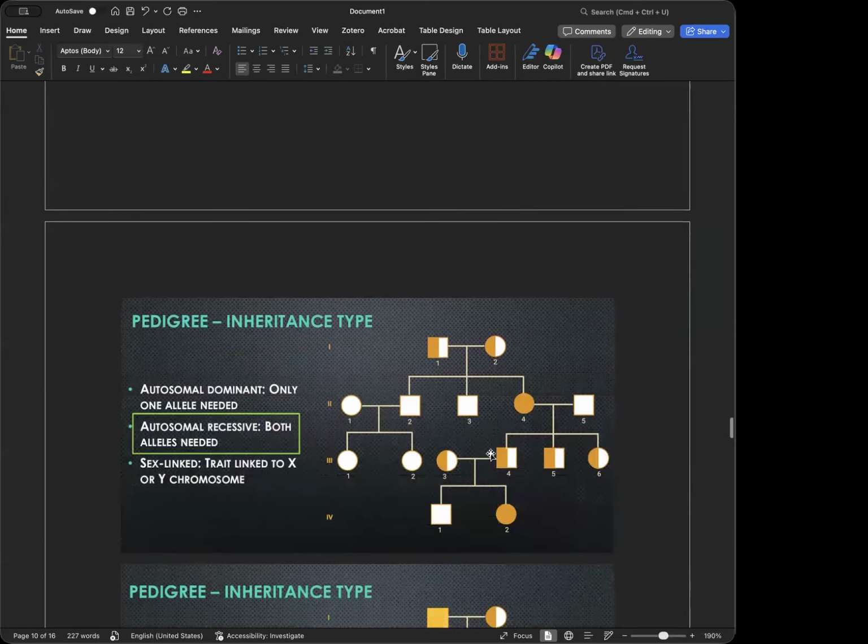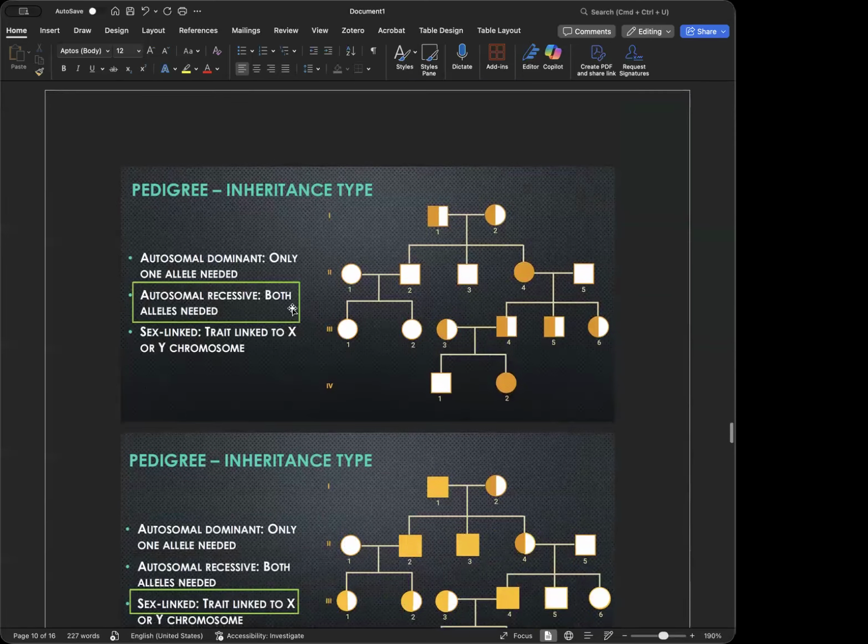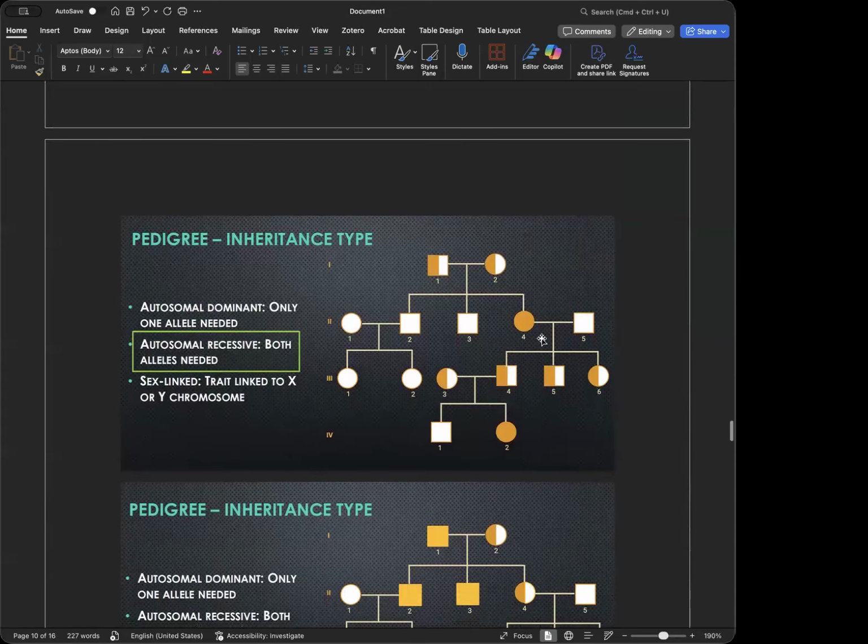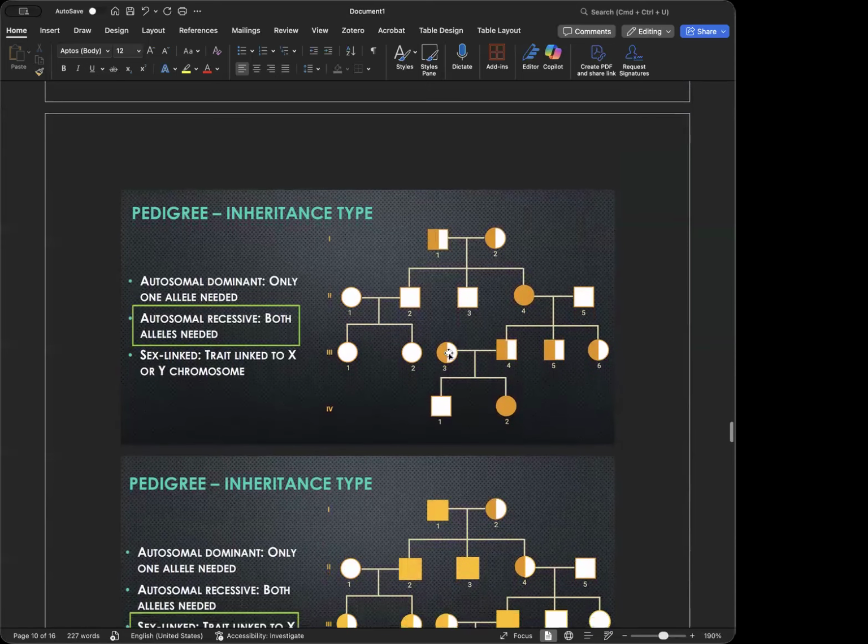So for autosomal recessive, these half colored symbols are here just to notate it, but you won't necessarily see them. On our pedigree for these questions, we don't actually have these half colored notations. What they do mean is that it's a carrier. So it's not necessarily somebody that's affected by it, but they do carry the gene, but you won't always have that information.